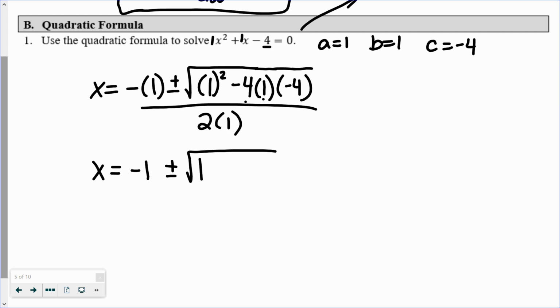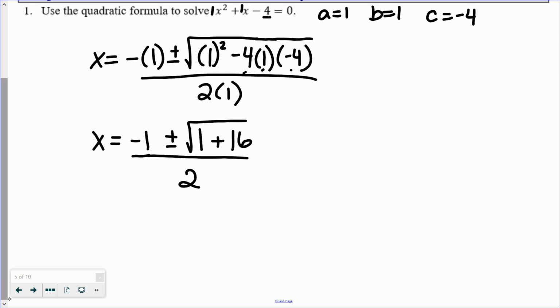Negative 4 times 1 times negative 4 is 16. 2 times 1 is 2. So I've just simplified a couple of the steps up to that point. I'm just going to keep simplifying. I left myself lots of space for this reason. So we have x equals negative 1 plus or minus square root of 17 over 2.